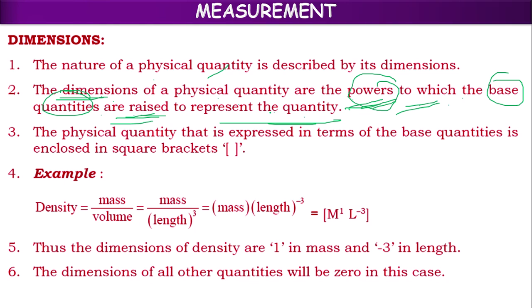Suppose m is a base quantity. So m power 1, or m1. In this, m1 means in that quantity mass appeared one time. Here m is the base quantity, 1 is the power. This power is called dimension.